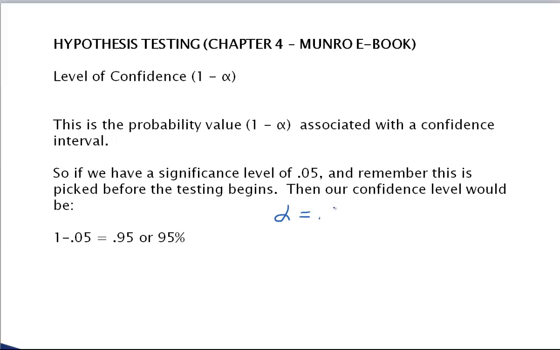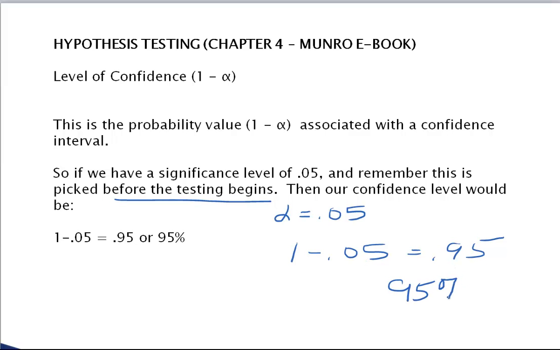So if alpha equals 0.05, and this is picked before the testing begins, then our confidence level will be 1 minus 0.05, which is 0.95. It's like $1 minus 5 cents here, and that's 95 cents or 95%. To change to percent, you just move the decimal 2 places to the right. And that should be it.